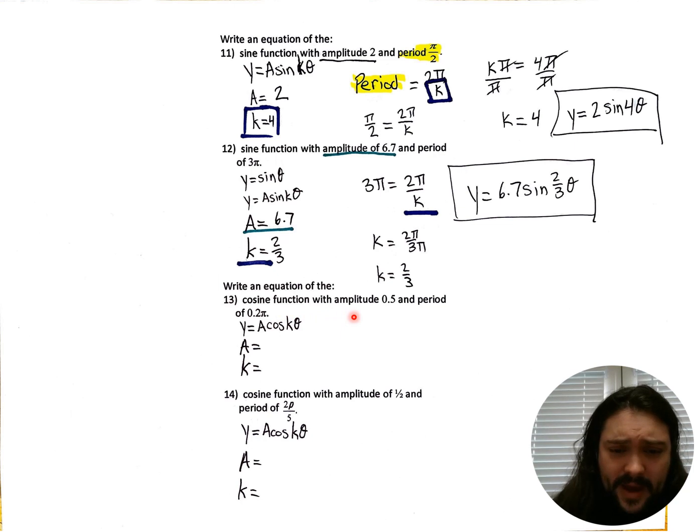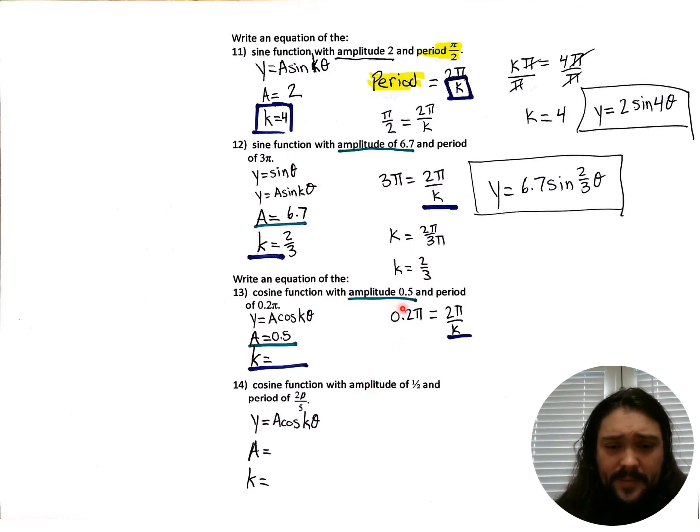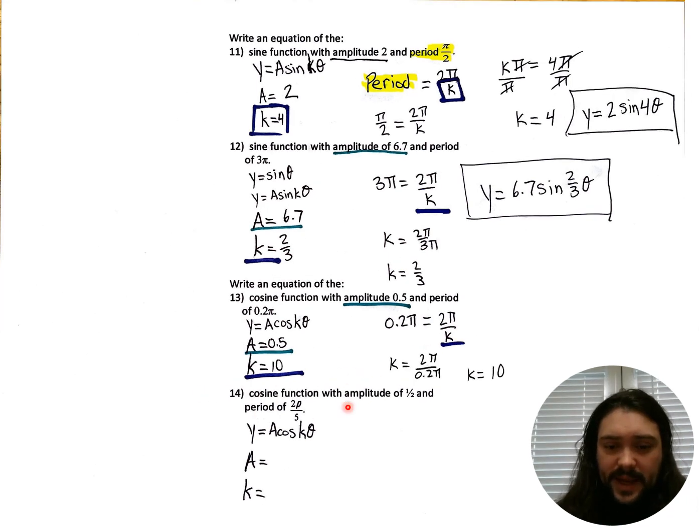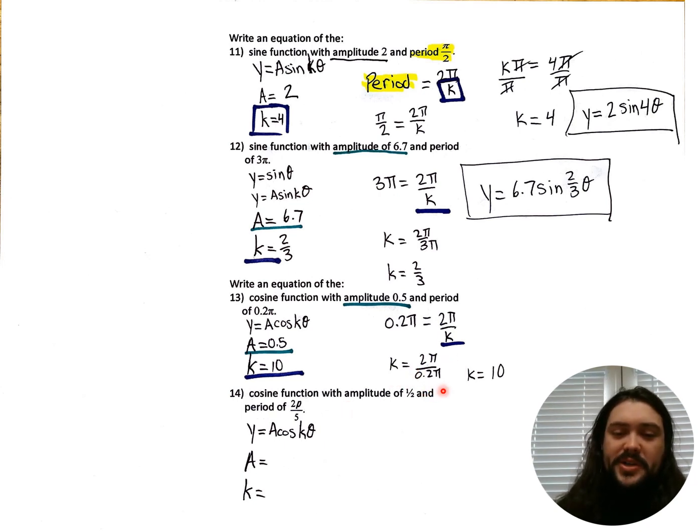So we have our a cosine k theta. We know our amplitude A is 0.5. And then we know the period is 0.2 pi. So 0.2 pi equals 2 pi over k. We're looking for our k value. And again, I can solve it by saying k equals 2 pi over 0.2 pi.